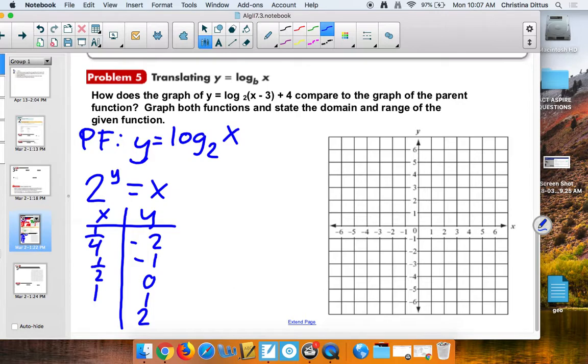It's 1. 2. Okay. So let's plot our parent function. Okay, I have 1/4, negative 2; half, negative 1; 1, 0; 2, 1; 4, 2. So our parent function looks something like that.